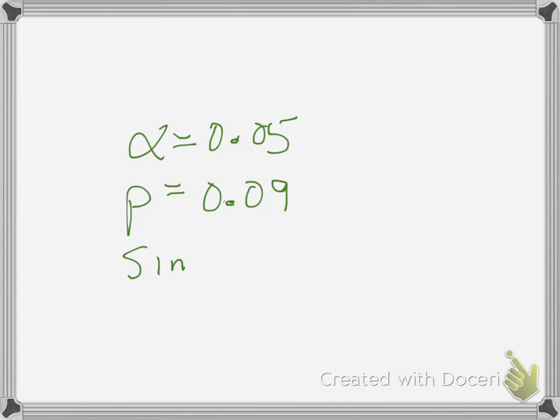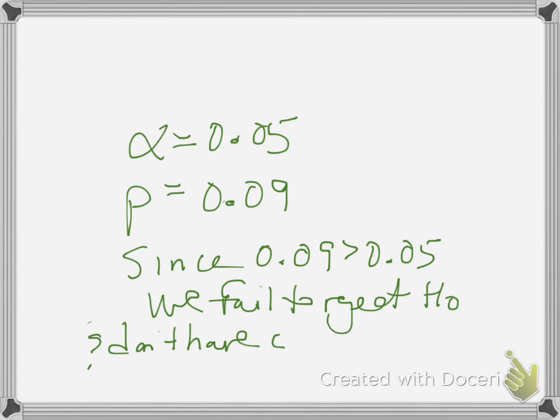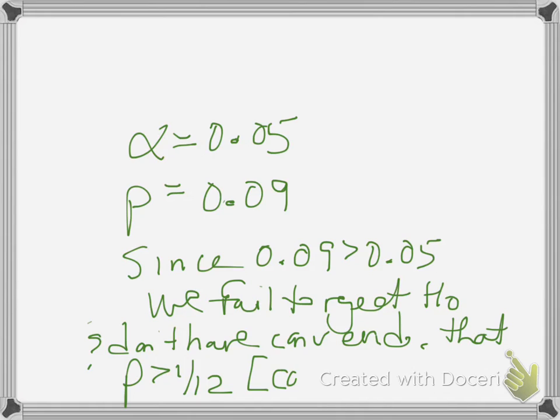So we would say since 9% is greater than 5%, we fail to reject the null hypothesis and don't have convincing evidence that p is greater than 1/12, just whatever the context is. I didn't read the context because I was in a hurry.